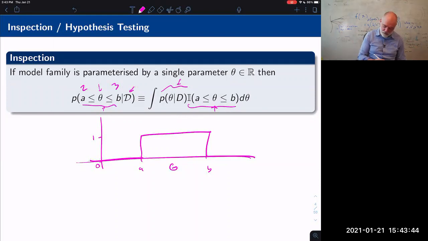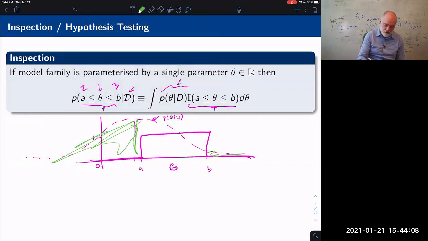And of course, just to be clear, if there is some distribution over theta, like this is P of theta given D, then when you multiply these two together, all of this goes away and all of this goes away.